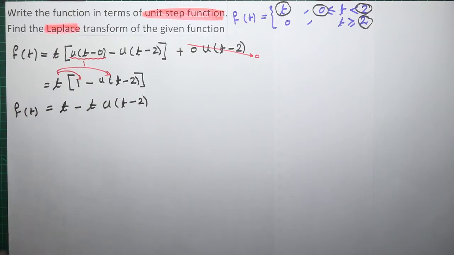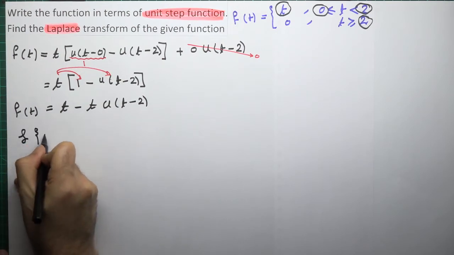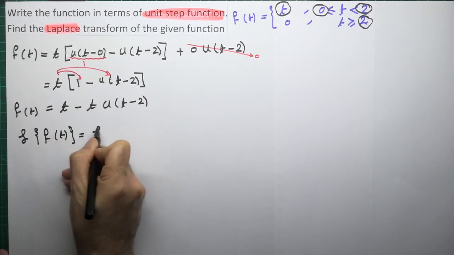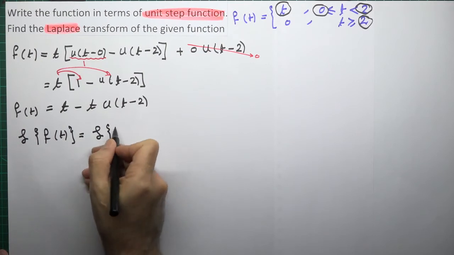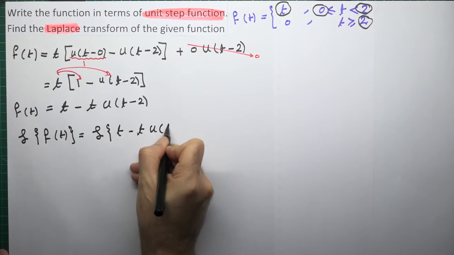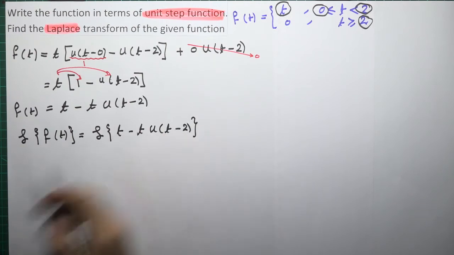الآن احنا جاهزين حتى نجد Laplace transform لهذا الفانكشن. So it will be Laplace transform of f of t equals Laplace transform of t minus t times u of t minus 2.